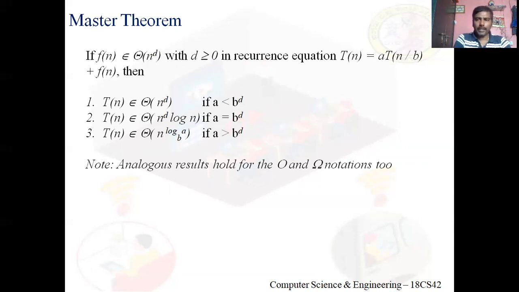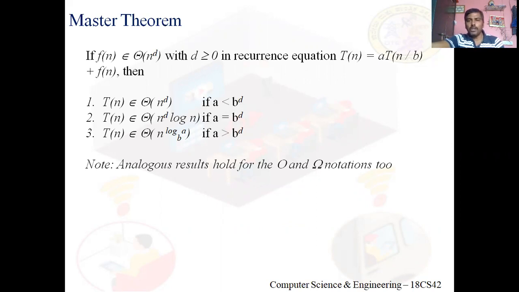You will be given this recurrence equation, and now you are asked to determine the order of growth. I mean, you need to tell whether it's logarithmic, linear, n log n, quadratic, cubic, exponential, or factorial. Now, how will you determine?